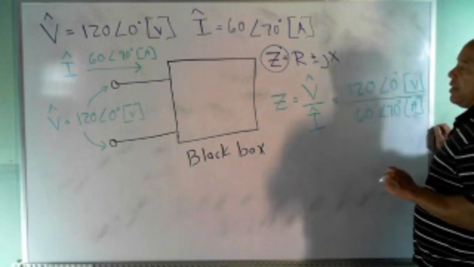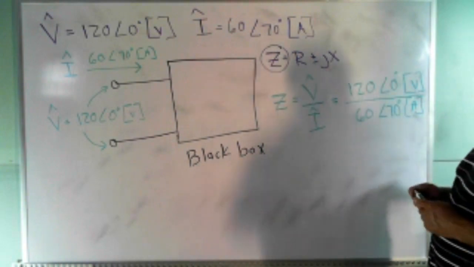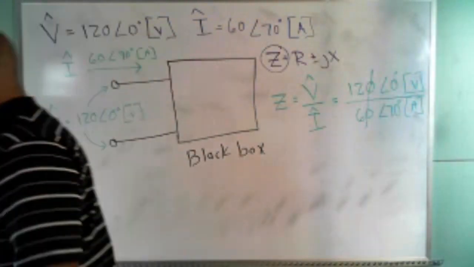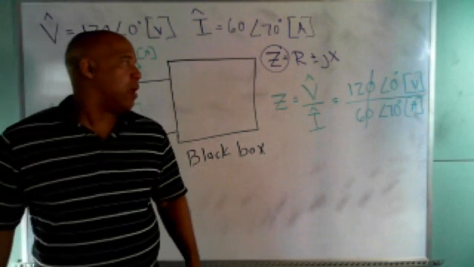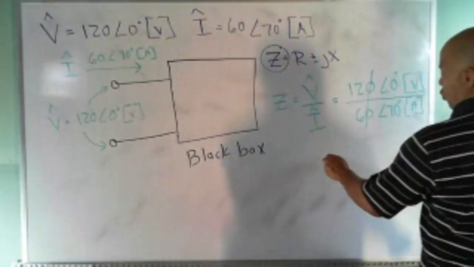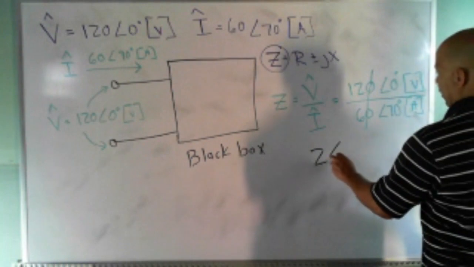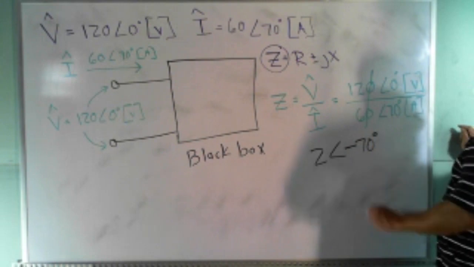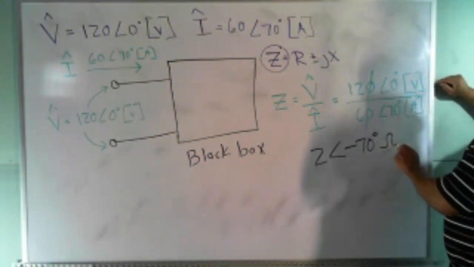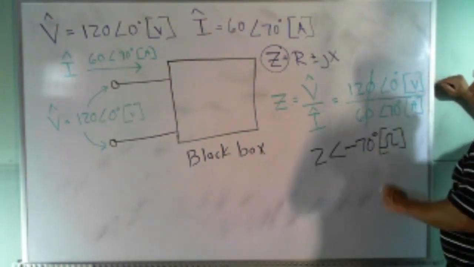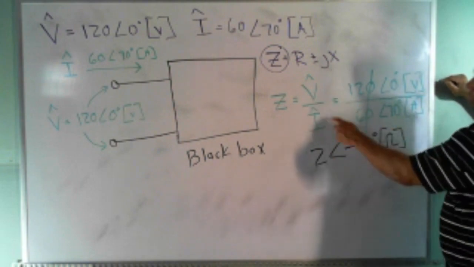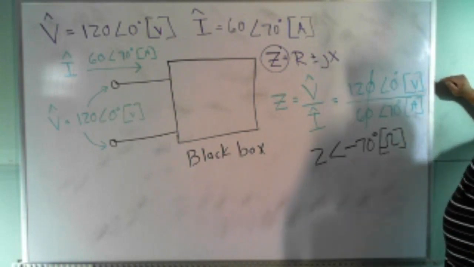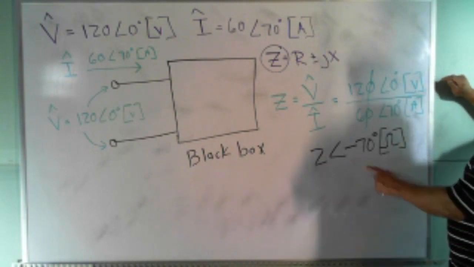So that would give me Z in polar form. So let's go ahead and do that. If I divide that, I get 2 and an angle of 0 minus 70 is minus 70 degrees. And since this is Z, this is now in ohms. So I just use Ohm's law on the terminal information they gave me for V and I end up with the impedance.